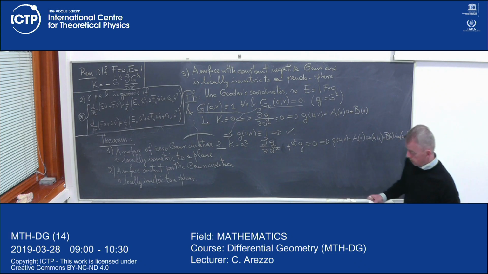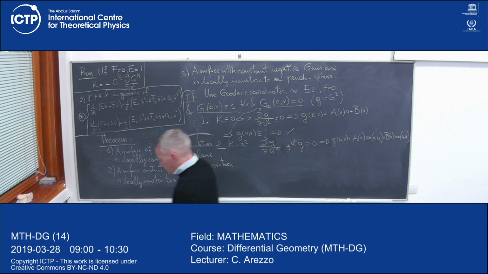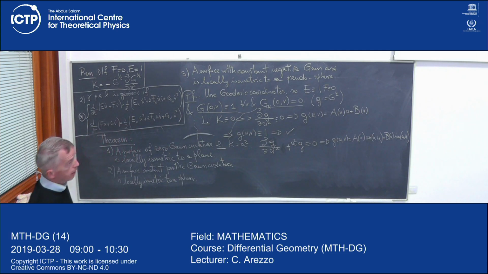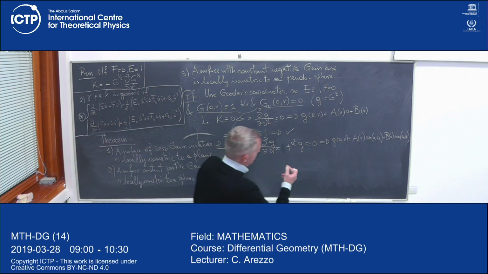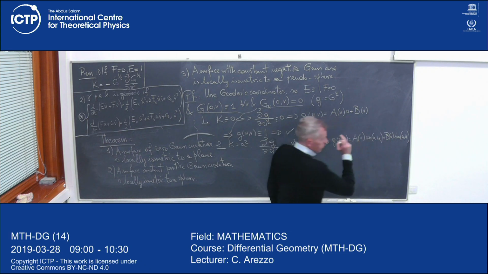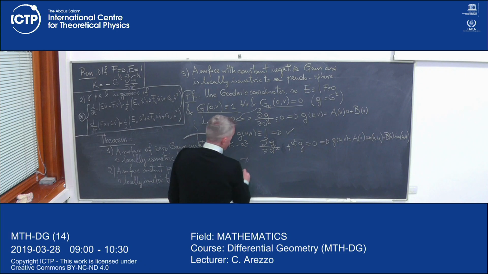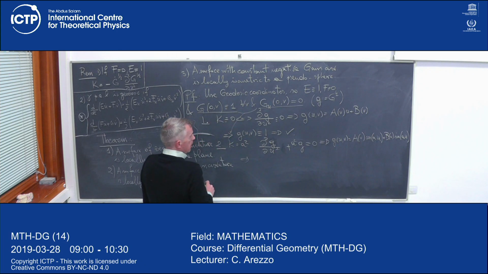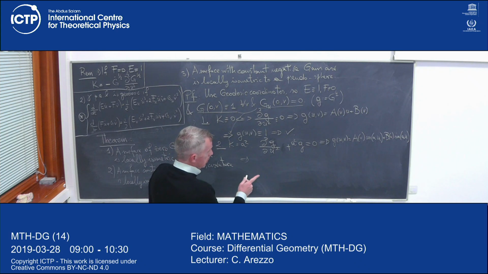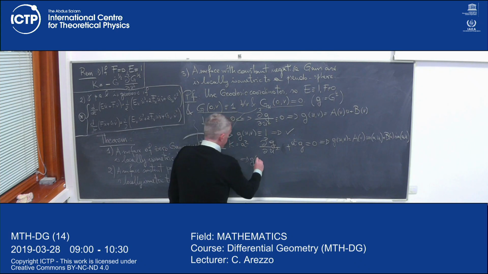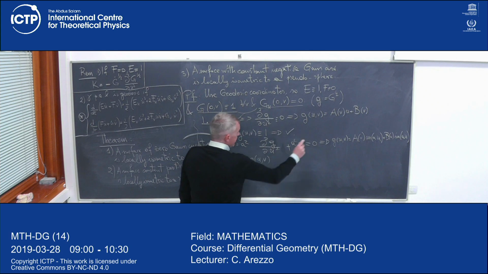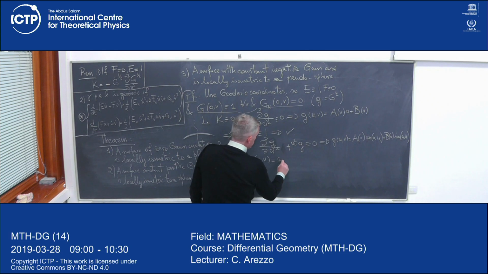I find that b is 0 and a is 1. So what I really get at the end is that g. Let's write that. These equations immediately imply that g of u is equal to cos a.